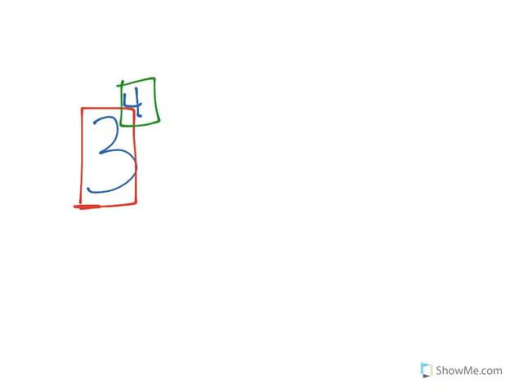Let's talk about exponents. An exponent is a small raised number that tells you how many times you're going to multiply the base. So if I had 3 to the 4th power, this is my base, and this is my exponent. The exponent tells me how many times I'm going to multiply the 3.